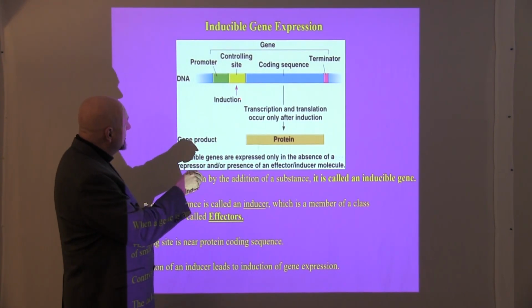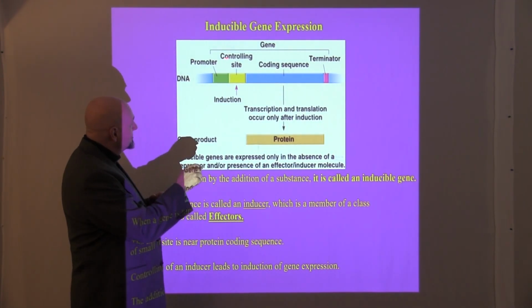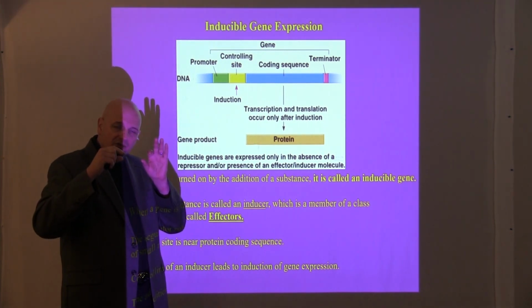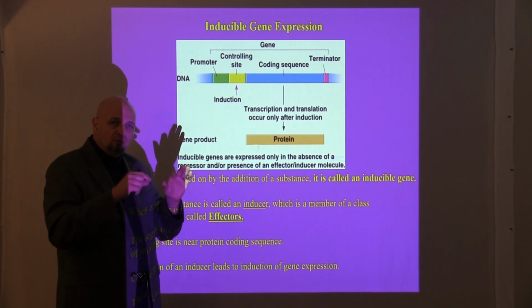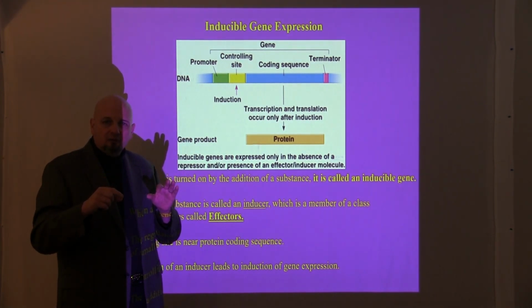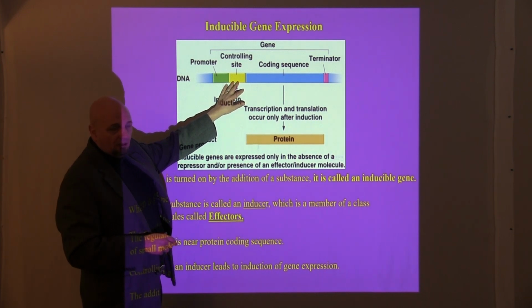Now the one that we're going to be introducing here is something called a controlling site. It's basically something that sits on top of the transitional point between the promoter and the start site of transcription. It is here where we have induction that can occur.